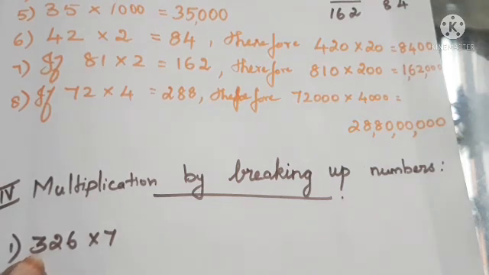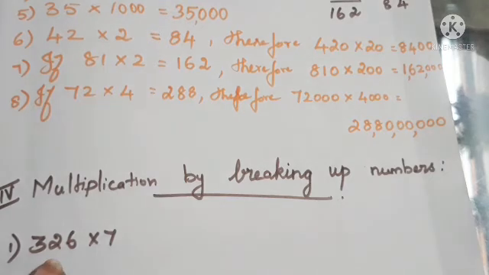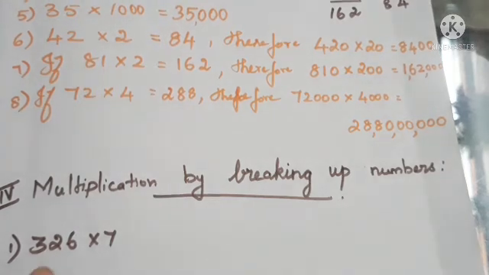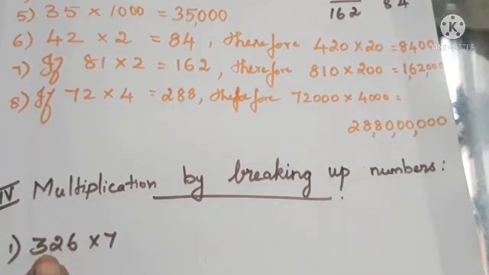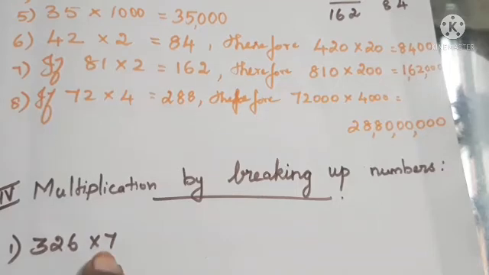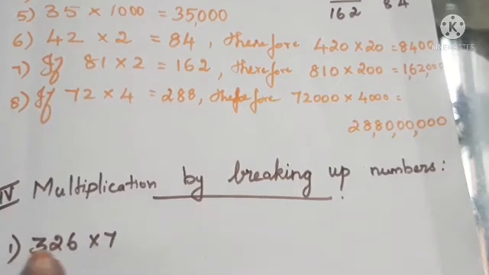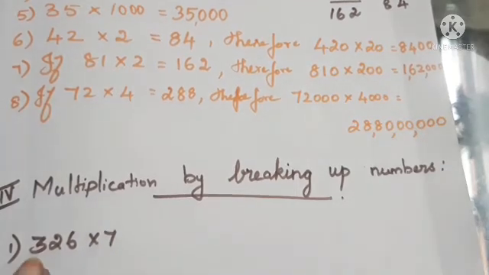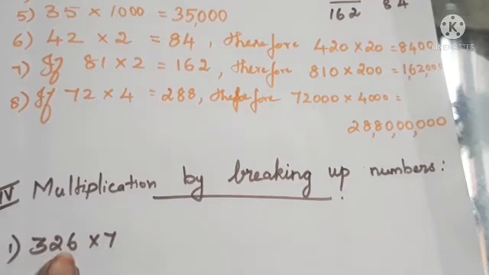We are going to multiply 326 by 7. This 326 is a 3-digit number: ones, tens, hundreds. We are going to multiply by a 1-digit number. This 3-digit number we can break into 300 plus 20 plus 6.